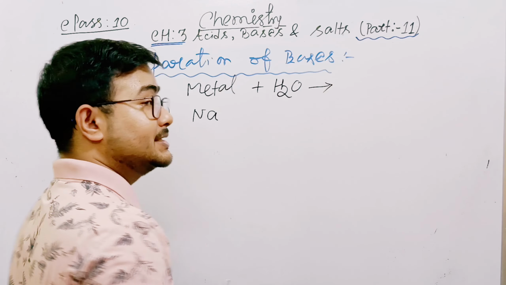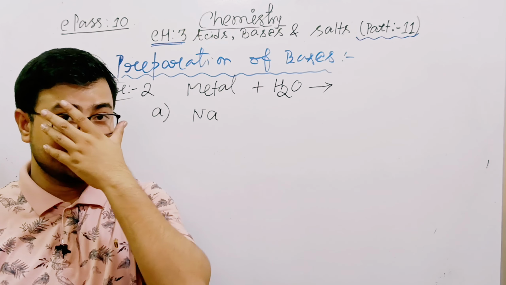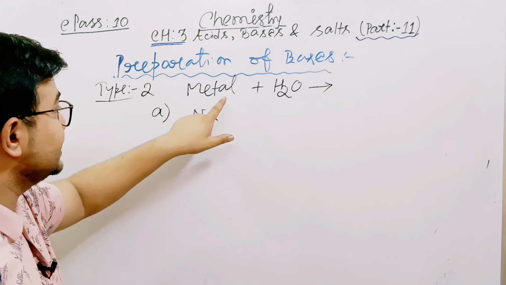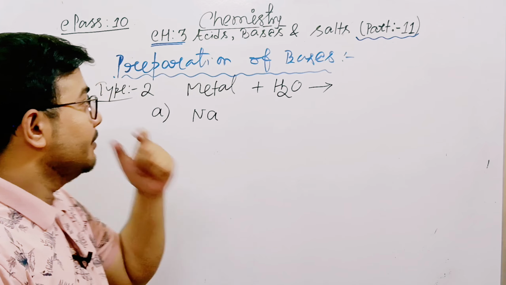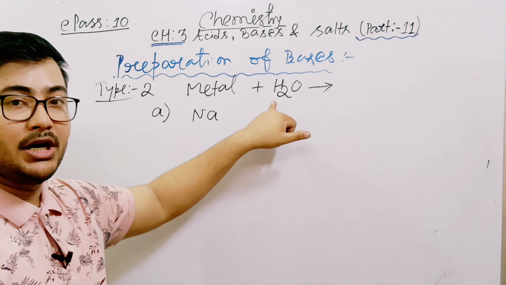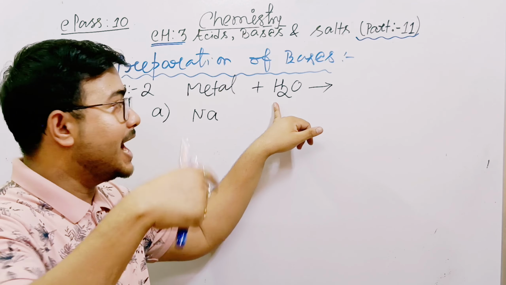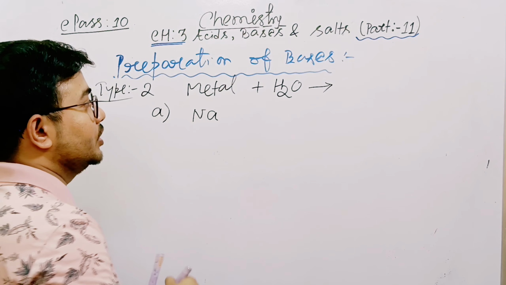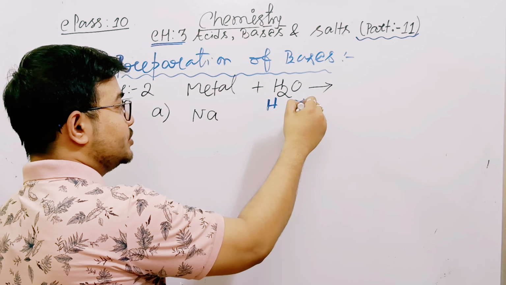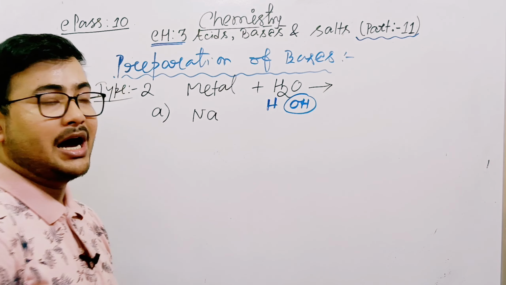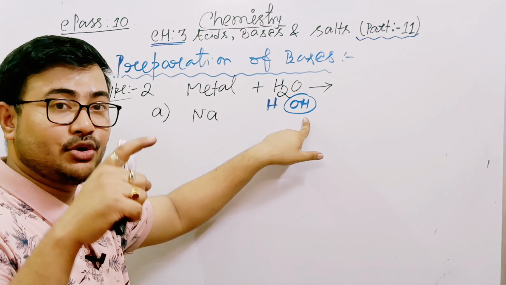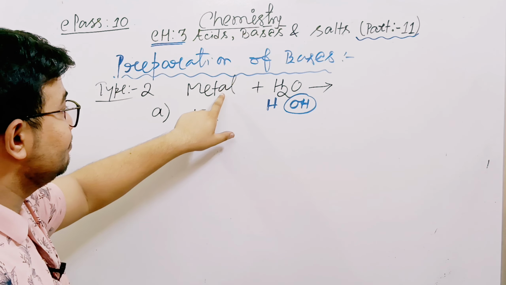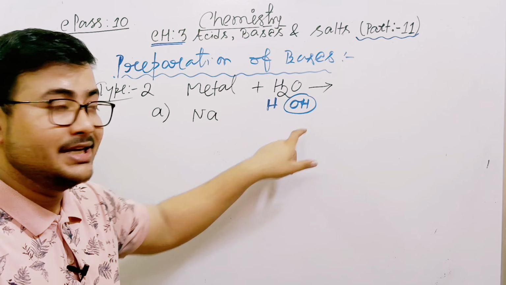In the previous case, it reacted with oxygen, so what was your answer? Metallic oxide. But tell me, in case of water, H along with another ion. All of you know water means H and OH. What is the name of this? Hydroxyl ion. Since water contains hydroxyl ion, your answer is metallic hydroxide.